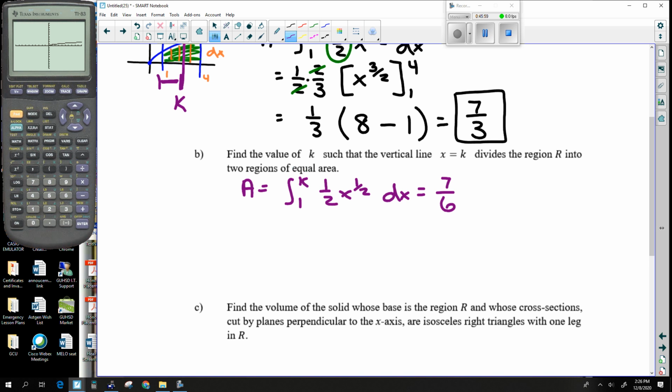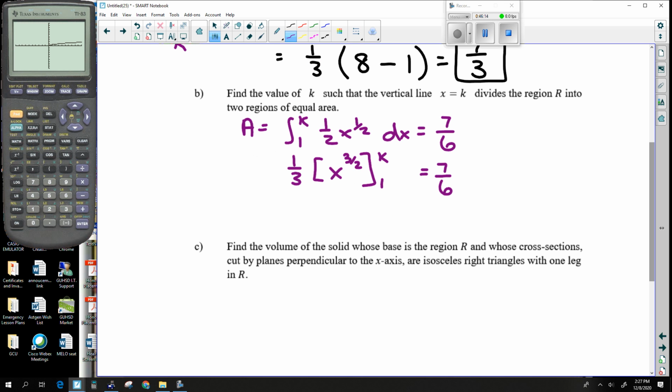All right, so long story short, this is 1/3 x to the 3/2 from 1 to k, and that's going to be equal to 7/6. This is 1/3 times k to the 3/2 minus 1 to the 3/2, and this is equal to 7/6.